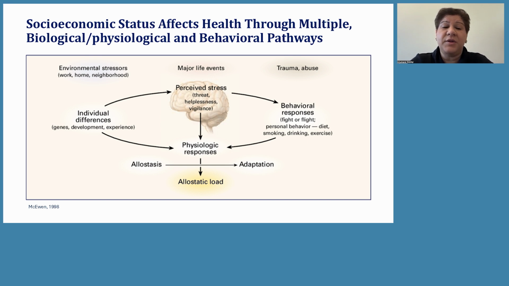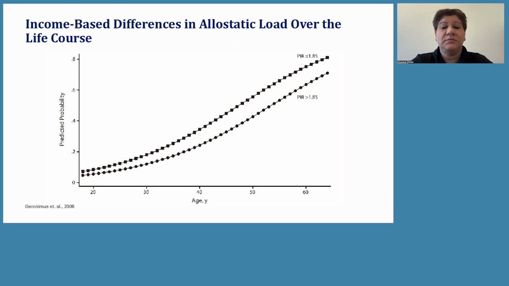And allostatic load is effectively a combination of physiological indicators that include things like blood pressure, but also the functioning and release of stress hormones, and so on.